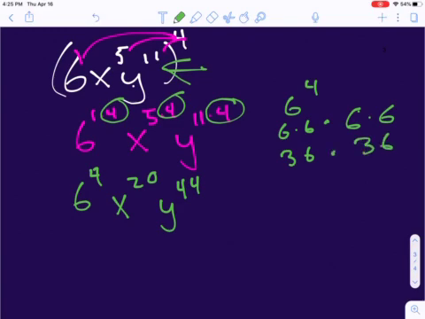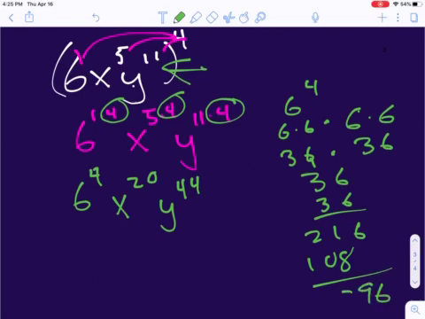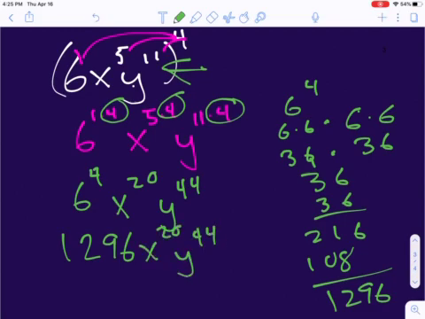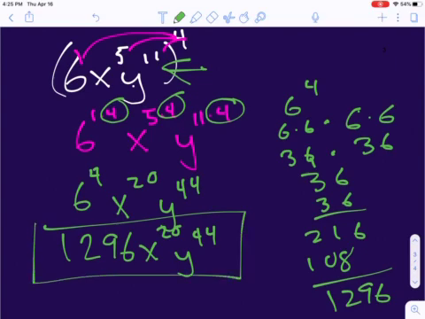So it's 36 times 36. And if I figure out what 36 squared is, you get a big number. You get 1296, x to the 20th, y to the 44th. A lot of calculators will help you out with making that a lot easier. You can actually punch in exponents on a lot of calculators.